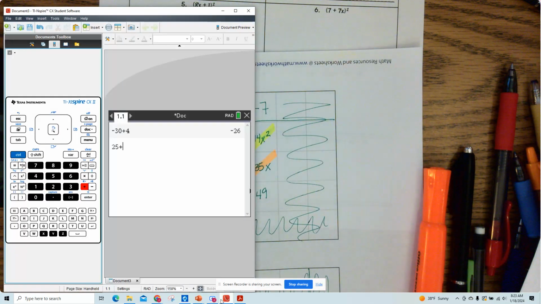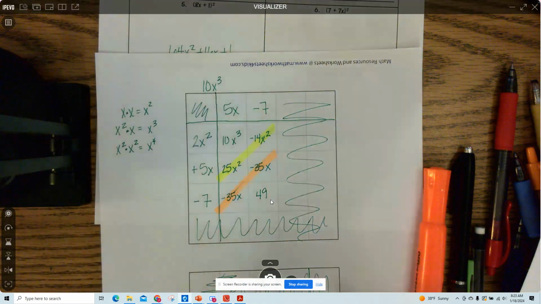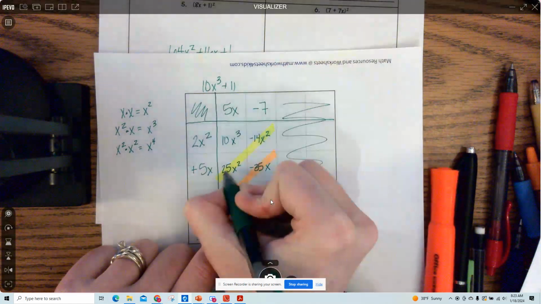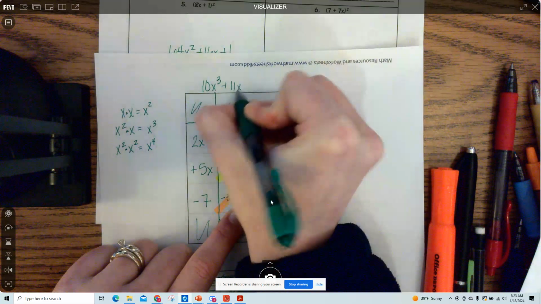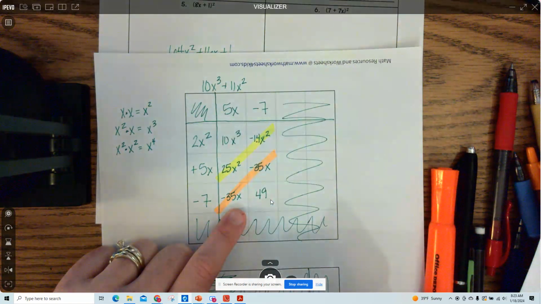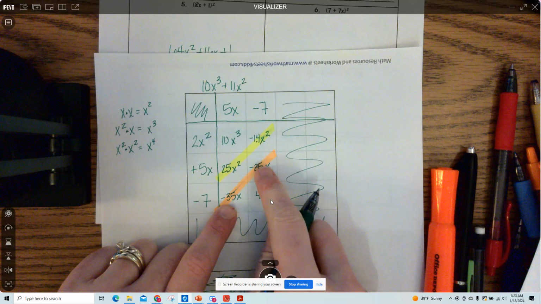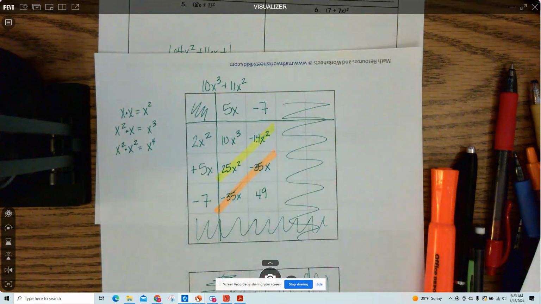Combining like terms. That's all it is. But all that stuff from first semester and from the very first 6 weeks is about to start circling through. So that would be 11. 25 plus -14 is 11. And then you just keep the x squared. So this one we would do -35 plus -35.